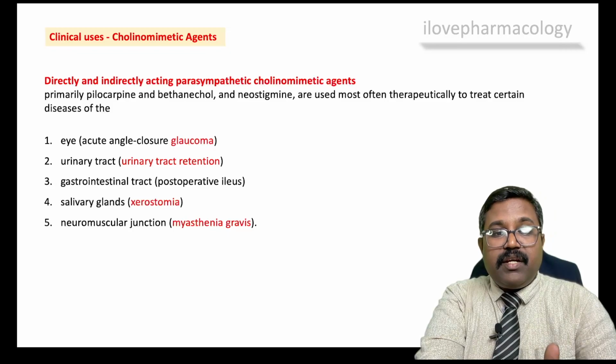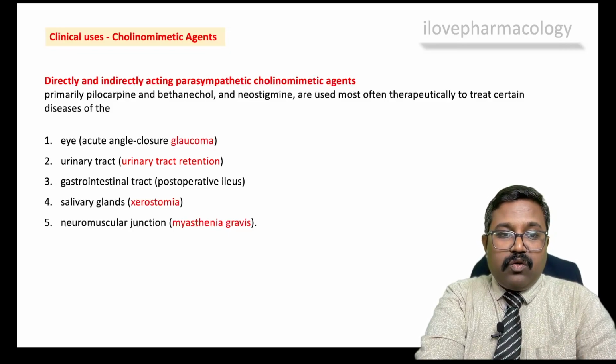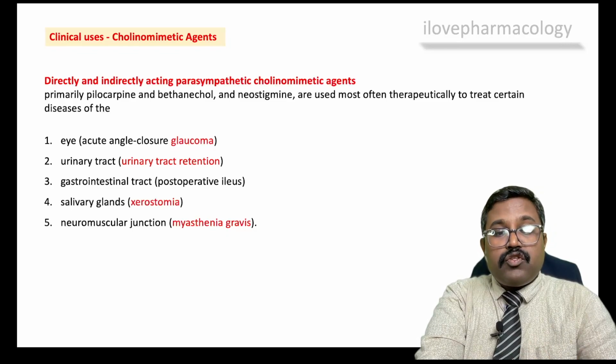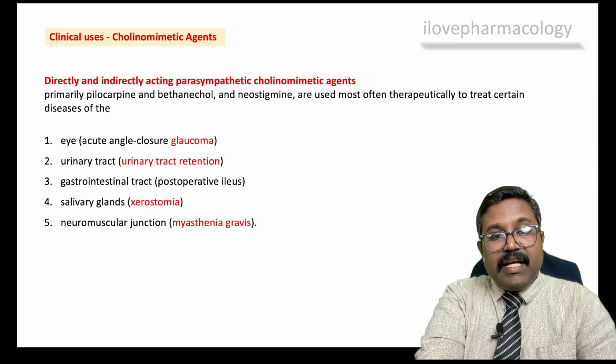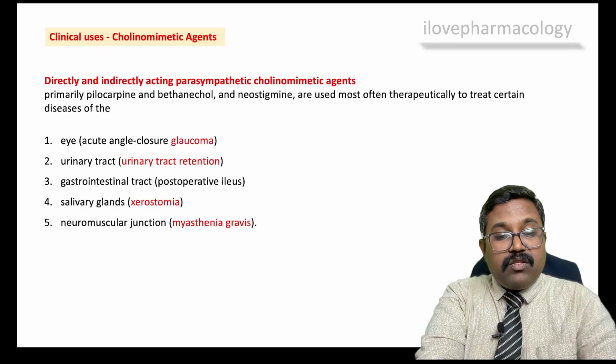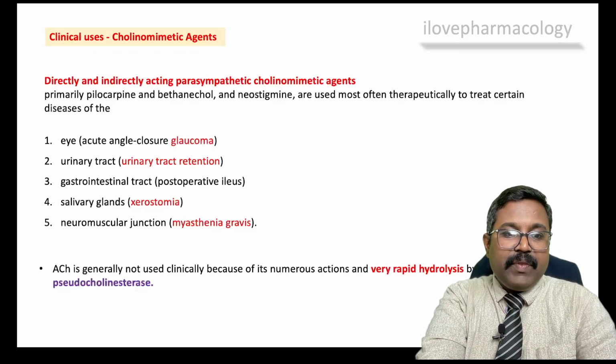Pilocarpine and physostigmine are used in acute angle closure glaucoma. They are also used in the treatment of postoperative urinary retention or postoperative paralytic ileus, and also in case of dry mouth, that is xerostomia, Sjogren syndrome, and also in myasthenia gravis to increase the muscle activity.